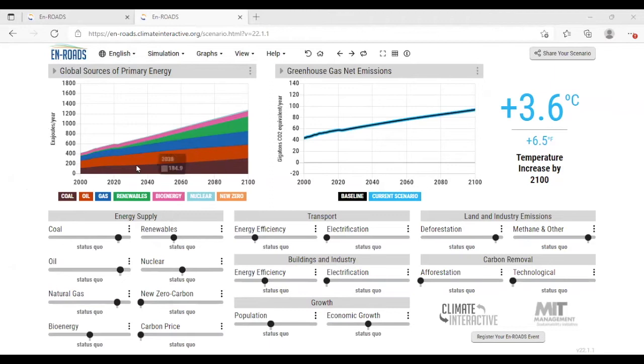So in brown, we see the projected coal usage. In red, we see projected oil usage. Blue is natural gas. Green is wind and solar and other renewables. Pink, biofuels, and that little blue sliver is nuclear power.